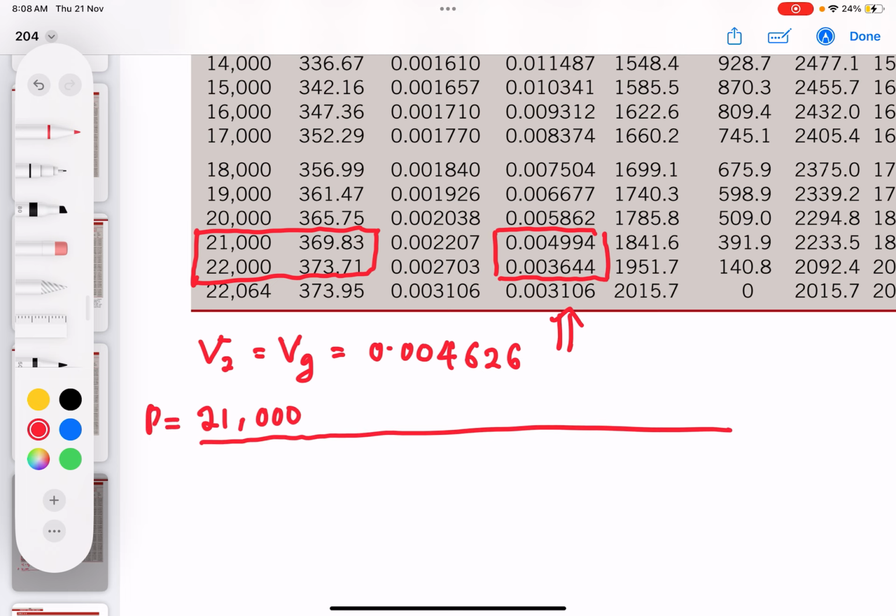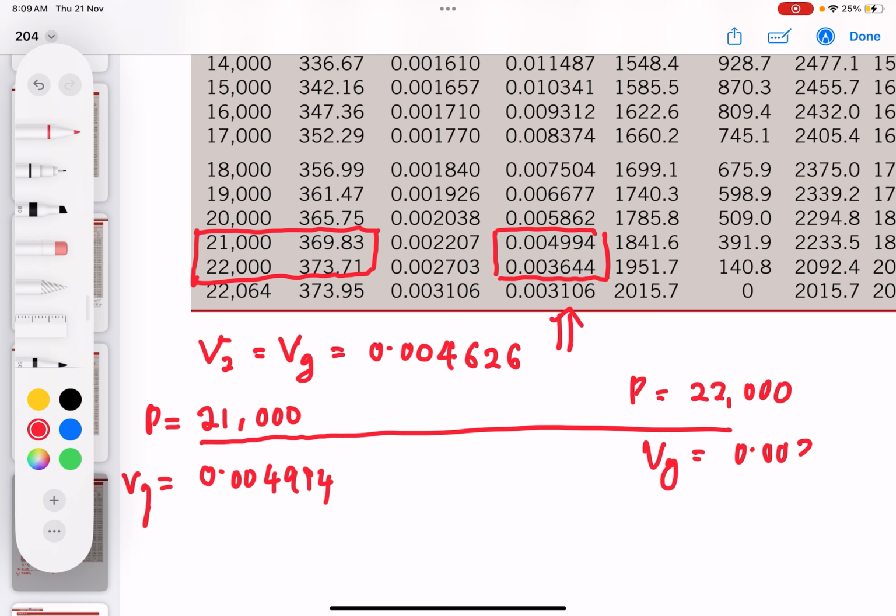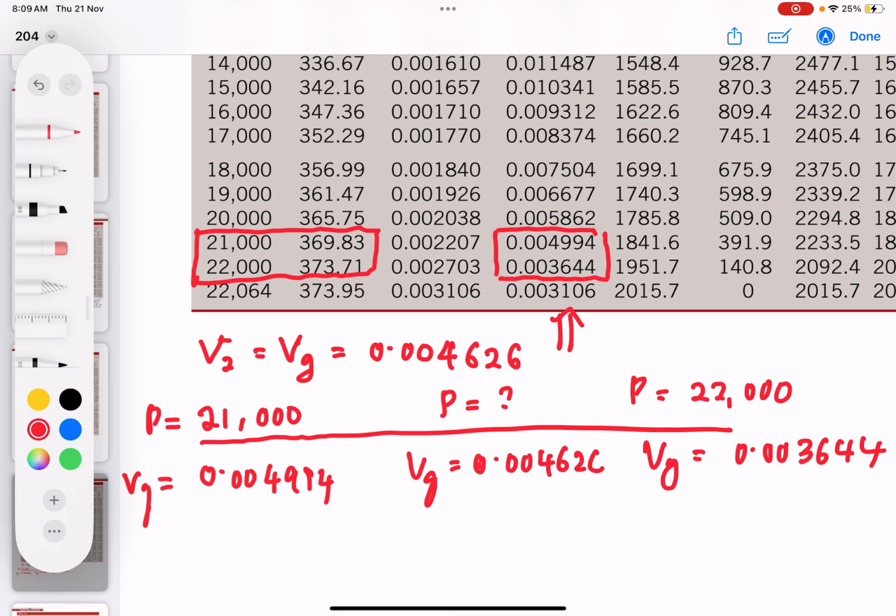P equals to 21,000, and then the value of Vg equals to 0.004994, and then I have pressure equals to 22,000, and then the value of Vg equals to 0.003644, and then what I want here is my pressure for the Vg equals to 0.004626. So now here, I can do the interpolation.